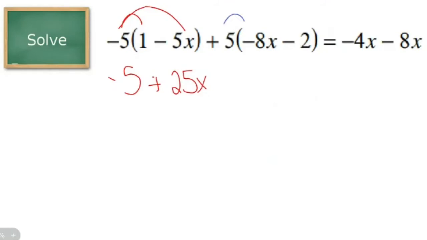Now I'm distributing a +5 to both things. +5 times -8x is -40x. 5 times -2 is -10. And that's going to equal -4x minus 8x.